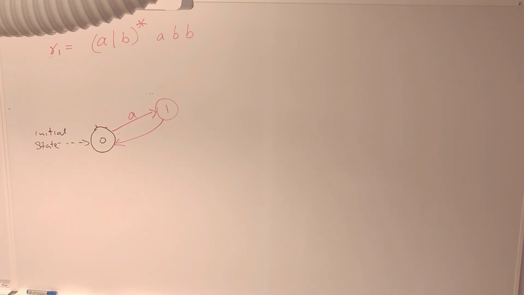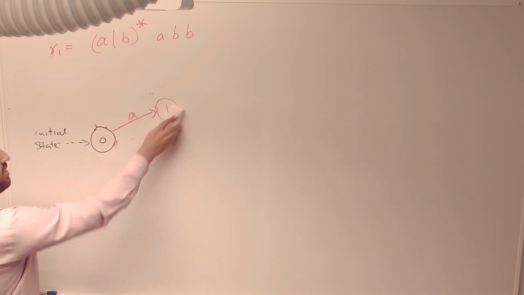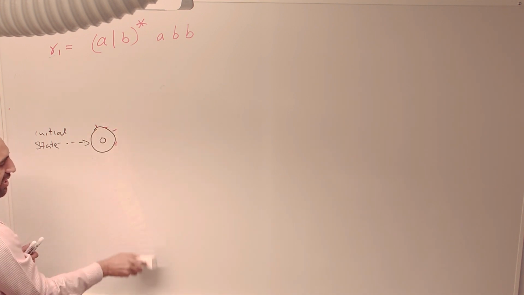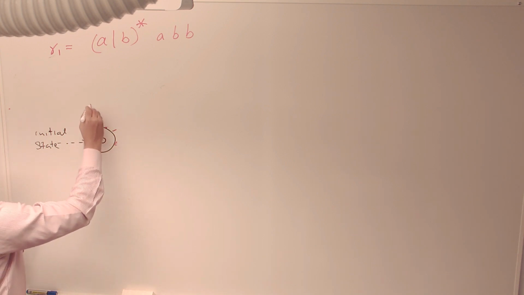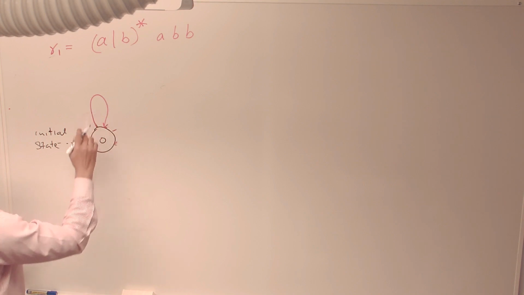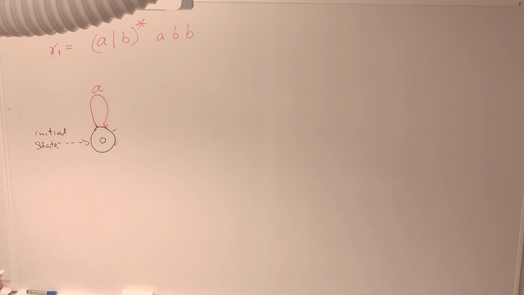The simple way to define a cycle is, instead of going to another state, because we are in the cycle, we remain on the same state. So for the star, if you have a star or the multiplicity associated with some symbol, we use this looping edge.